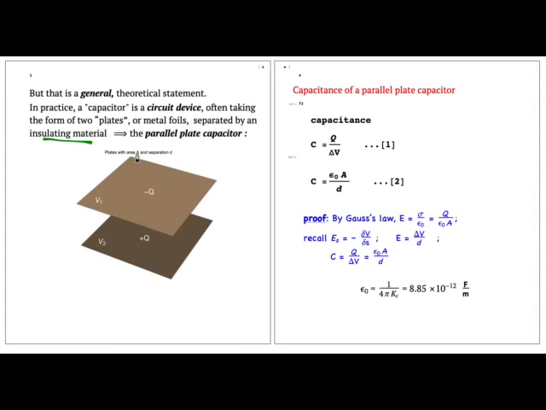There'll be area A and separation D. So this distance is the separation between the two plates, D. And the size of the two plates, normally they would be of the same size, is the area A.